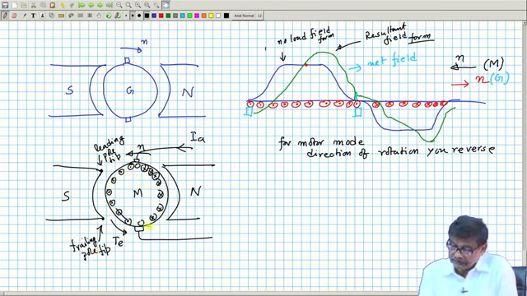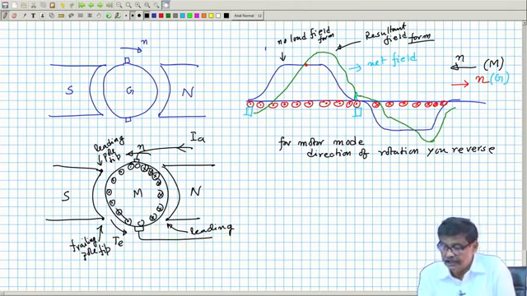Similarly, this one is the leading pole tip of the other pole. Whichever pole tip of a given pole you see first, that is the leading, and this is the trailing pole tip.